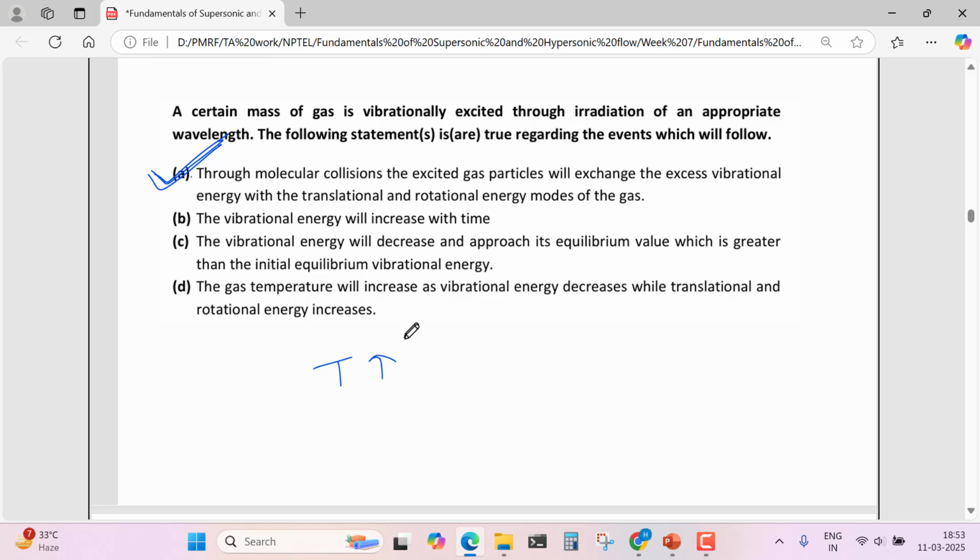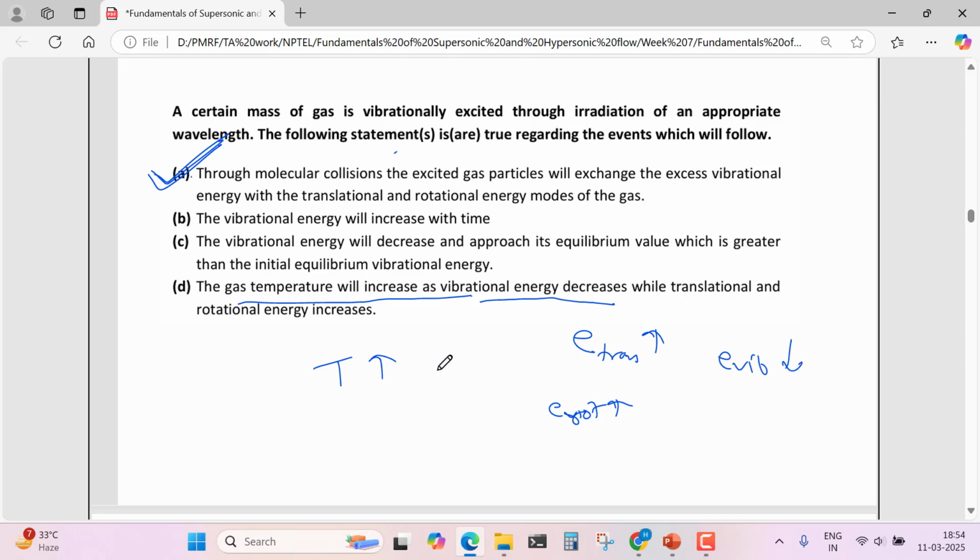So you can see that this option, the gas temperature will increase as vibrational energy decreases. Some of the vibrational energy is transferred to the rotational and translational modes, so E translational increases, E rotational increases, but E vibrational will decrease as collisions happen.